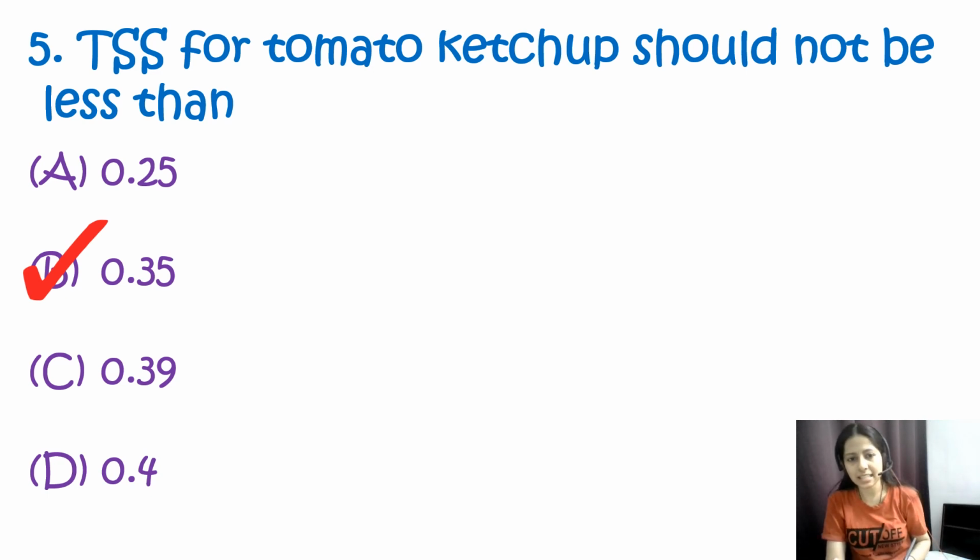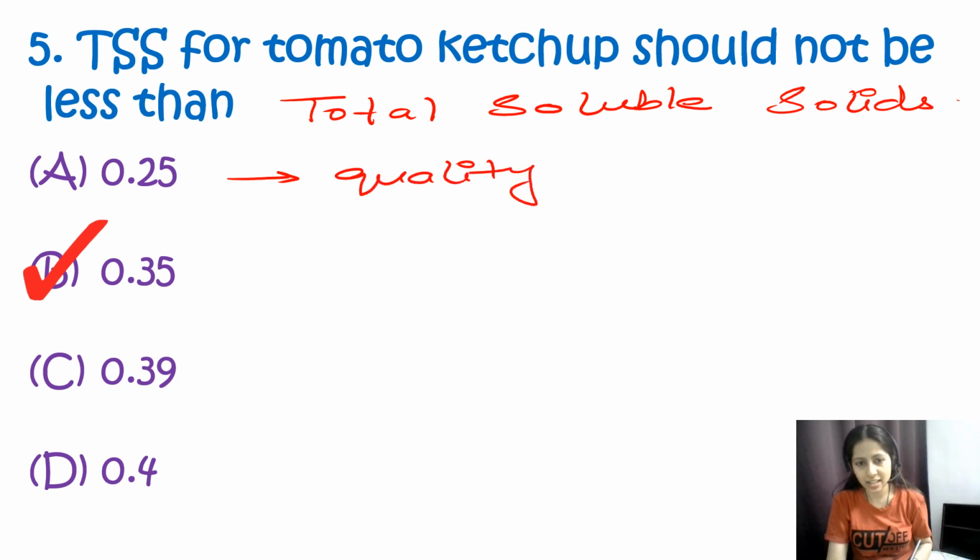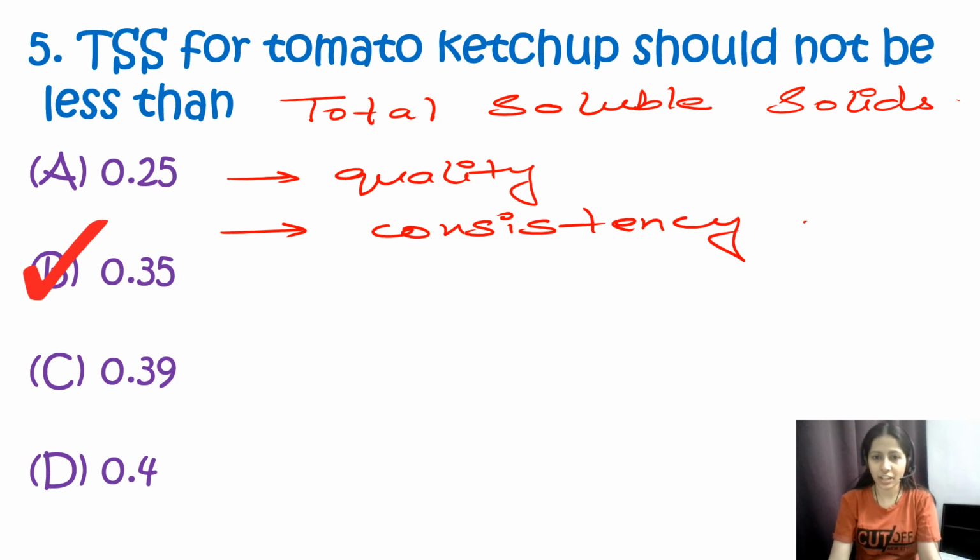Actually TSS stands for total soluble solids, and it is an important parameter for determining the quality as well as consistency of the tomato ketchup. The approximate minimum TSS level for tomato ketchup is typically 0.35. So my correct option is option B.